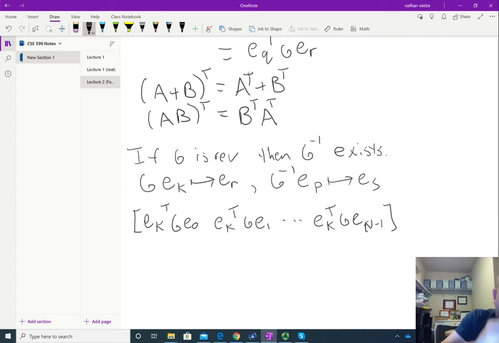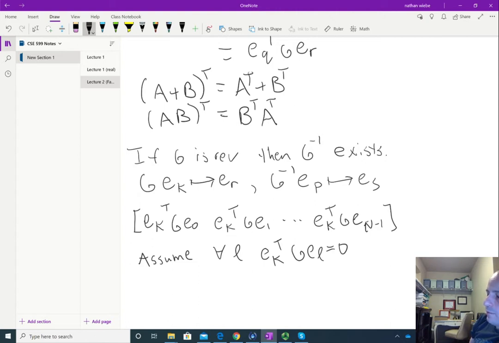Now what I'm going to do is make a couple of claims. First off, assume for all l, E_k transpose G E_l equals 0. So what I'm essentially assuming here, for the purposes of contradiction, is that every single one of these elements up here was precisely 0. Well, if it's precisely 0, then obviously we've got a problem.